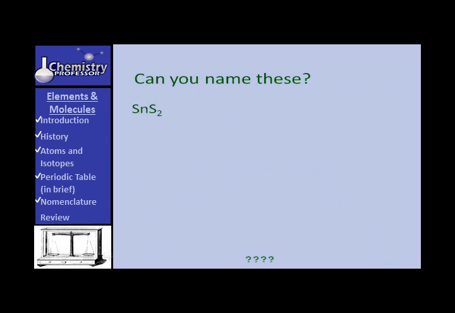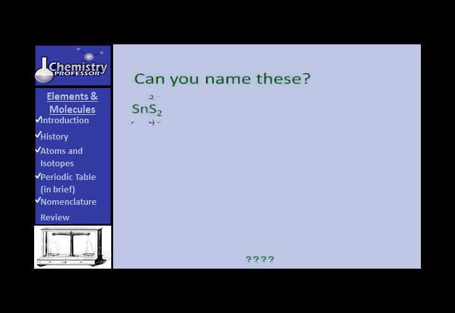Can you name these? Let's give it a try. You might want to stop the video each time and try your hand at naming each one before I go through it. But let's start here. Here we have a compound of tin and sulfur. I always start on the right-hand side, and sulfur has a 2 negative charge. There are two of them, though, so that gives us a total of 4 negatives.